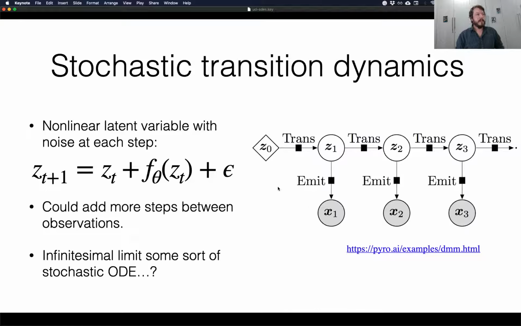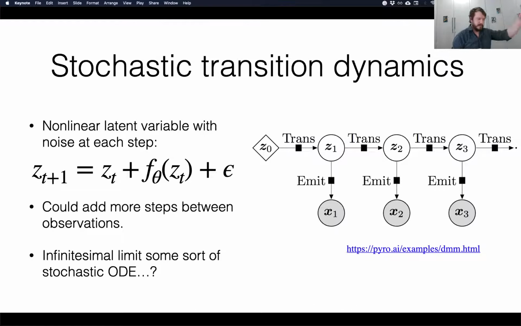So yeah, I guess I said I wasn't going to look at Euler updates, but if we phrase this kind of arrow as my new state is my old state plus some nonlinear thing plus some noise, that starts to look a lot like an Euler-Maruyama step, like the SDE version of Euler.